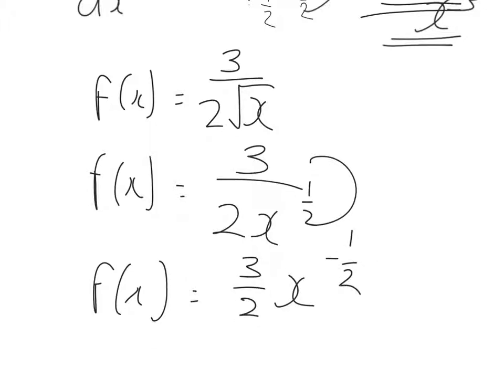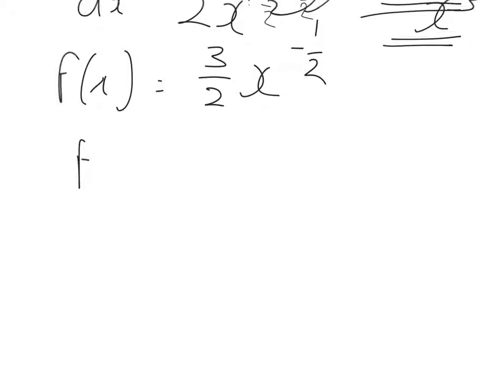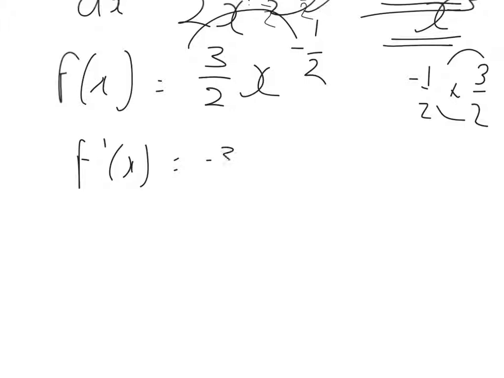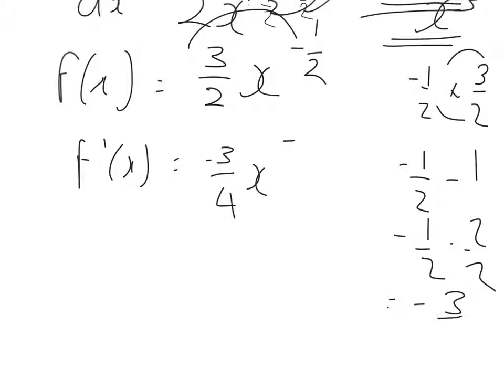I'm now in a position to differentiate, so bring the power down, multiply, take 1 away from the power. That'll be f dashed x equals, well, bringing that down, minus a half times 3 over 2. Well, that'll be minus 3 over 4 x to the minus a half, take away 1, which is minus a half, take away 2 over 2, which is minus 3 over 2.